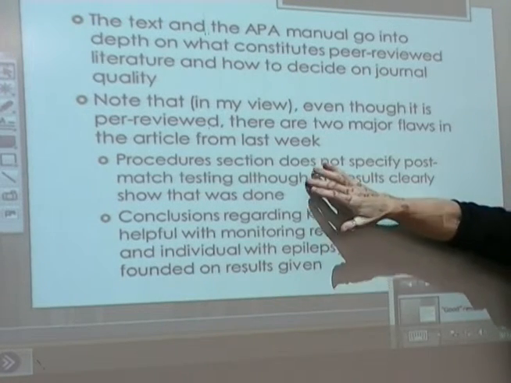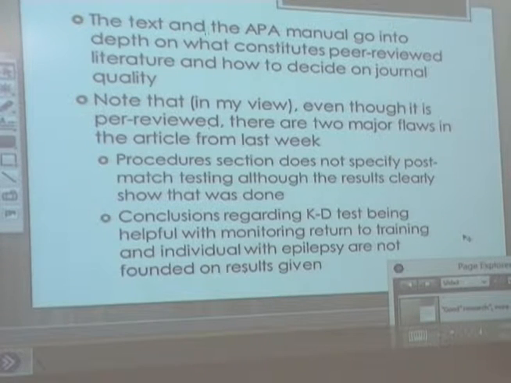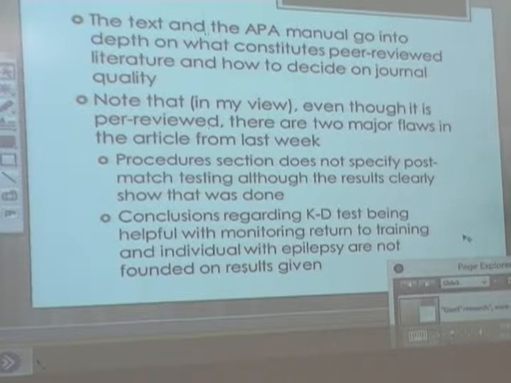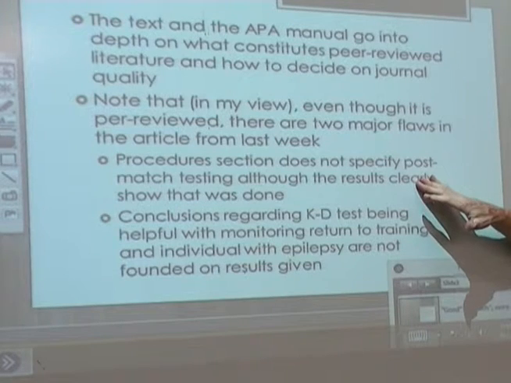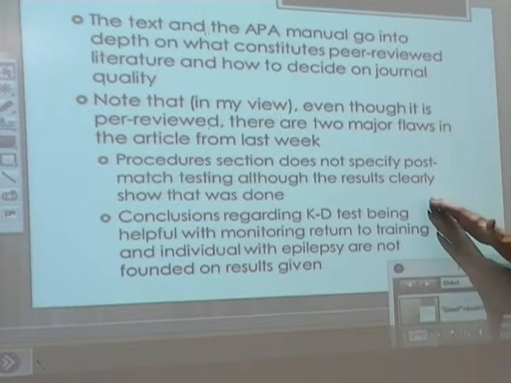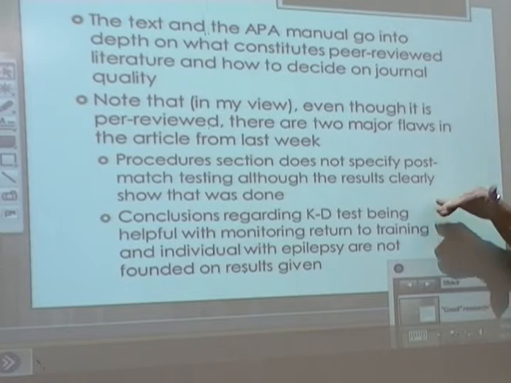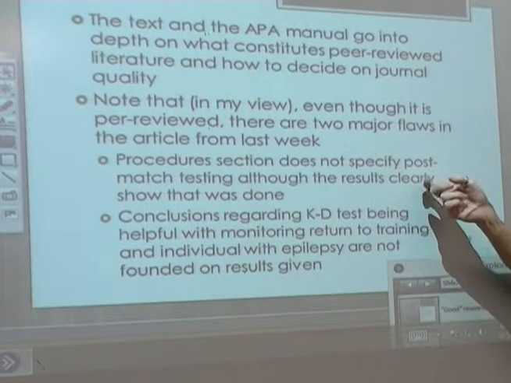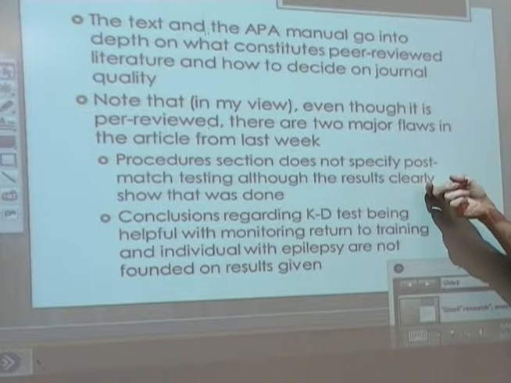Well, we mentioned last week that the procedures section should be a recipe, right? This is what I did, step by step. So if they collected data twice, they should tell me they collected data twice. And they don't. But when you look at the results, they clearly did collect data twice. Well, that's a pretty big error on behalf of the editor, right?